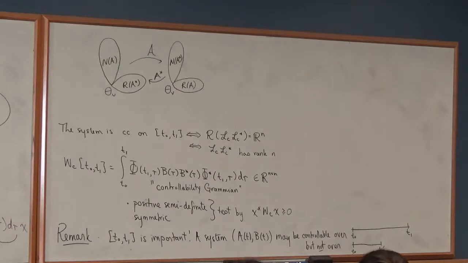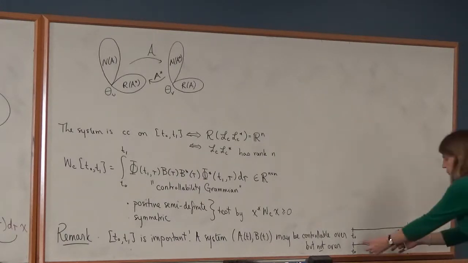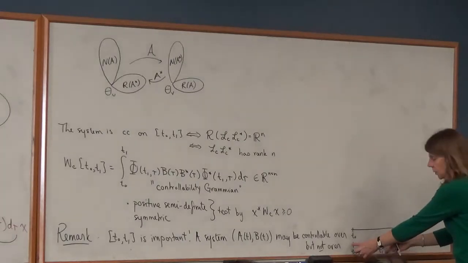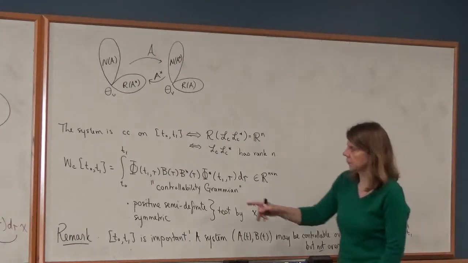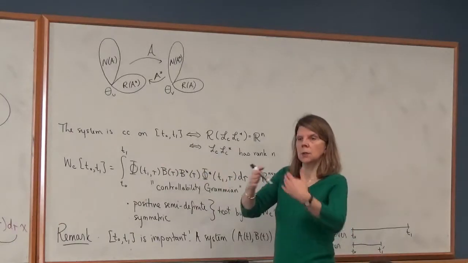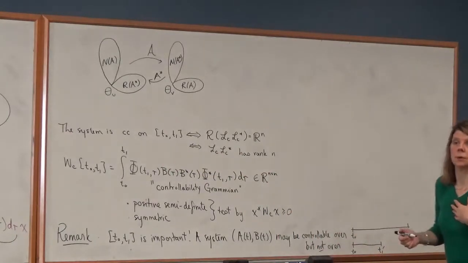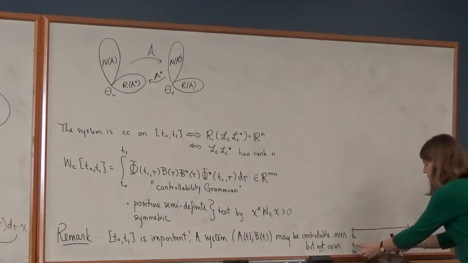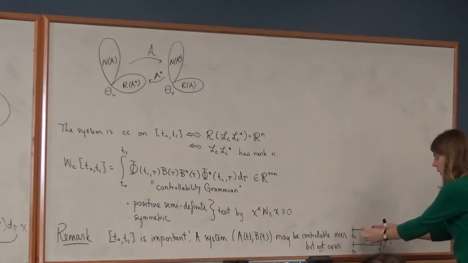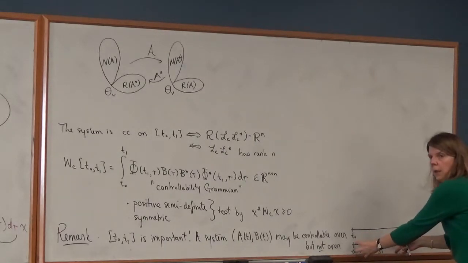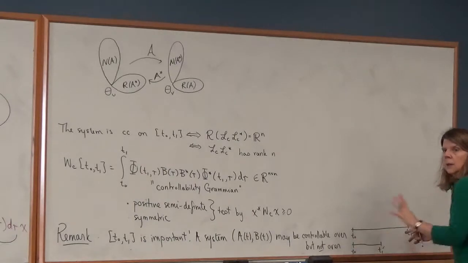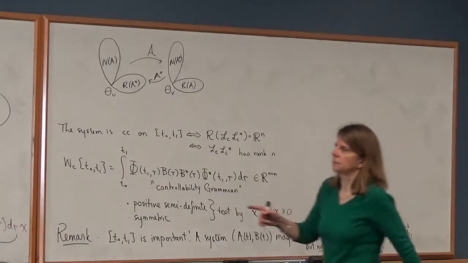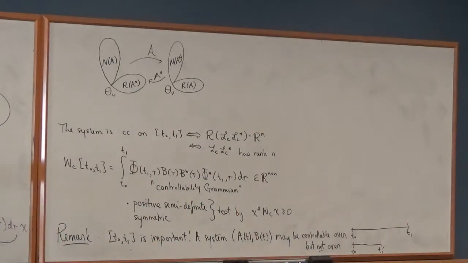Question: so this is saying you couldn't have the reverse thing, like have it be controllable over a short time and not over a long time? No, you can't have the reverse. If it's controllable over the short time interval, then by adding more time, you're only increasing the positivity of it. So if you're controllable over the shorter time interval, then you'll be controllable over any time interval beyond that. One way to see that intuitively is to go back to what it means to be controllable.